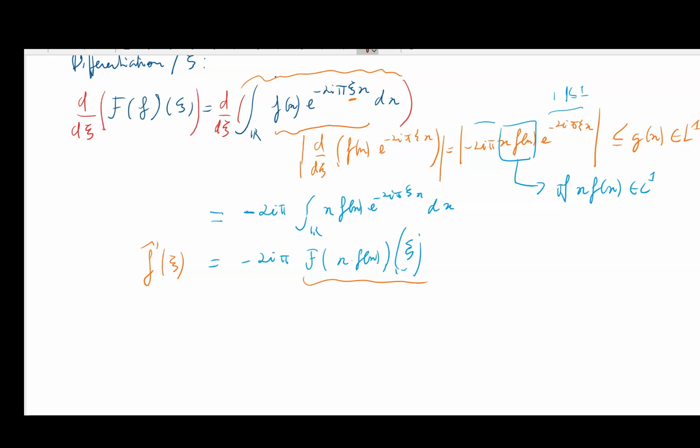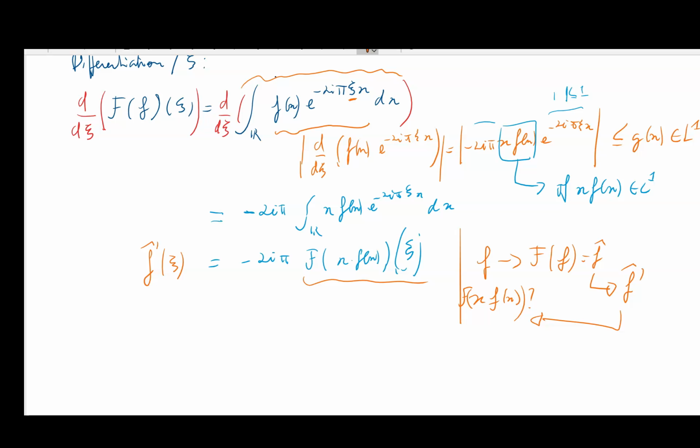On the other hand, if you know f and you compute its Fourier transform f hat, and you want to know the Fourier transform of x f of x, knowing f hat you can compute f hat prime, and from that you can get the Fourier transform of x f of x.